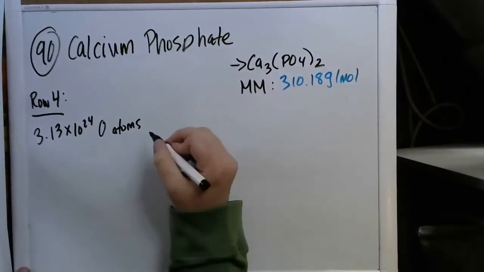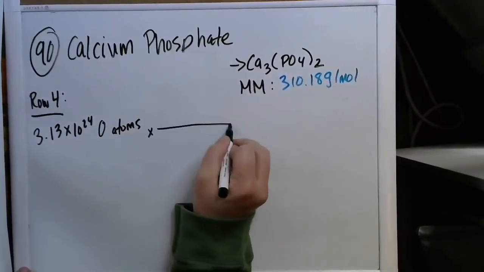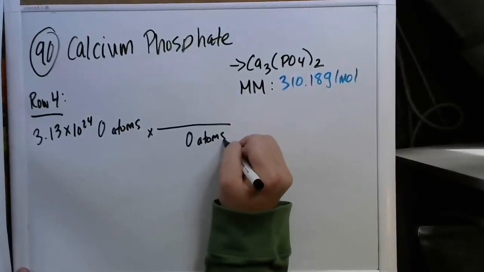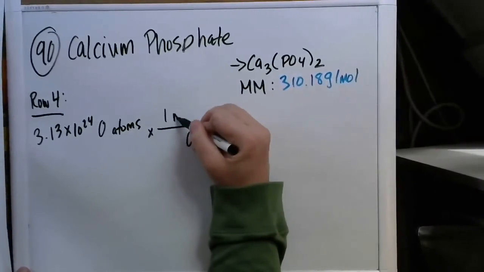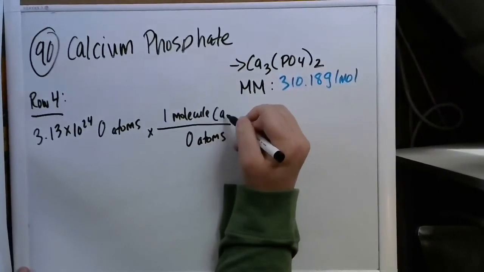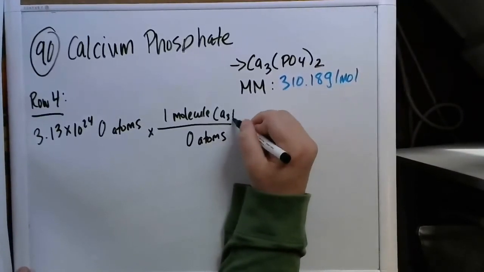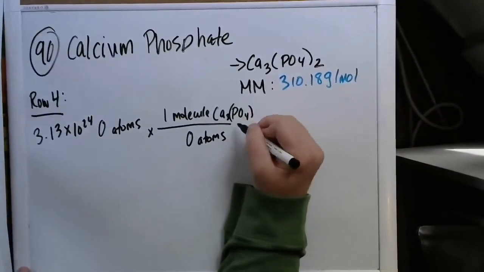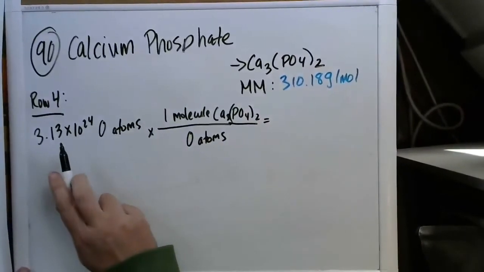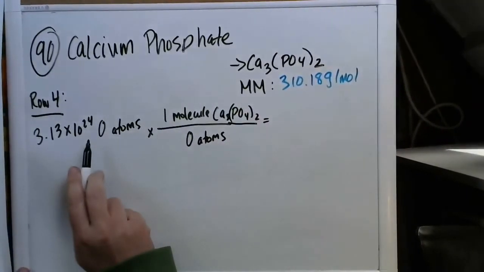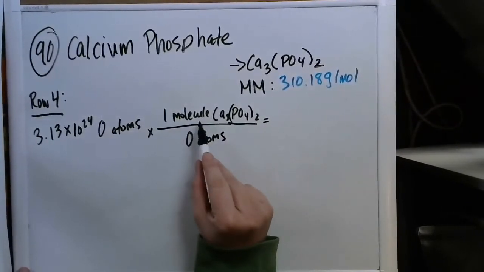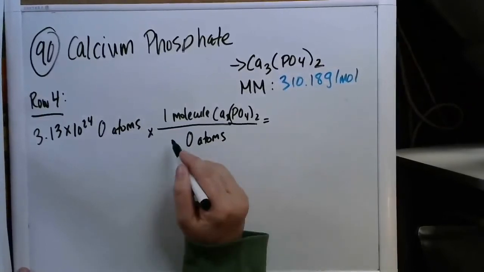And now I kind of want to go in the reverse direction. So I want to go from oxygen atoms into my molecule of Ca3(PO4)2.